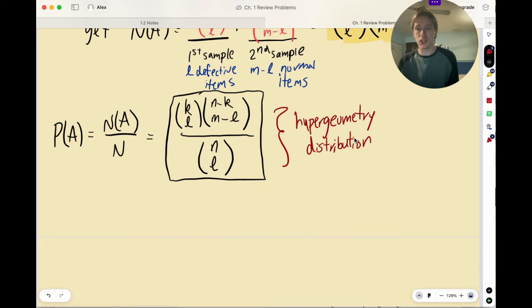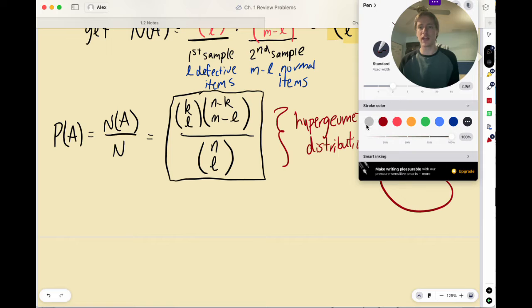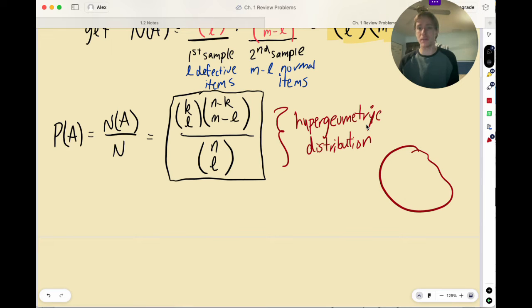For the hypergeometric distribution, the idea is you have a total population with a certain characteristic, and everyone in the population either has that characteristic or does not. And you decide to sample part of that population, and you want to know the probability of a certain number of successes in the sample.